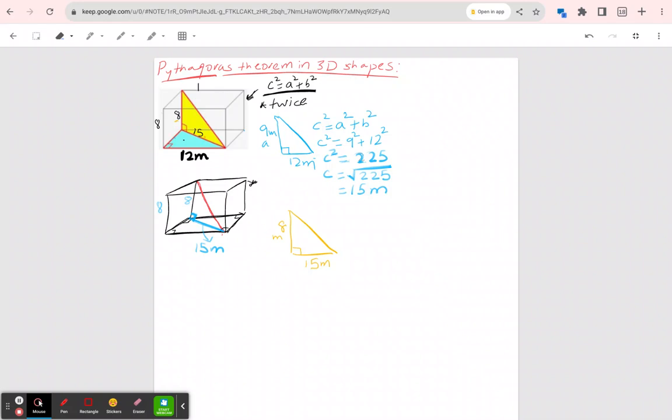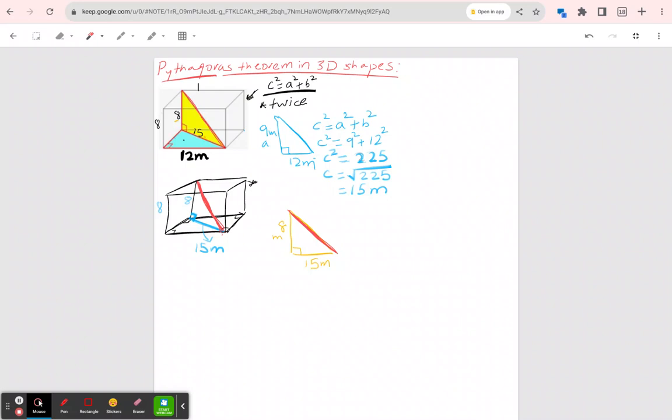So we are going to reuse our Pythagoras theorem to find out the length of the longest rod which we can fit in there, the length of the longest rod, which is my red dimension, which is this bit here. Okay, because that's the purpose of the whole problem, finding out the length of this longest diagonal or longest rod.